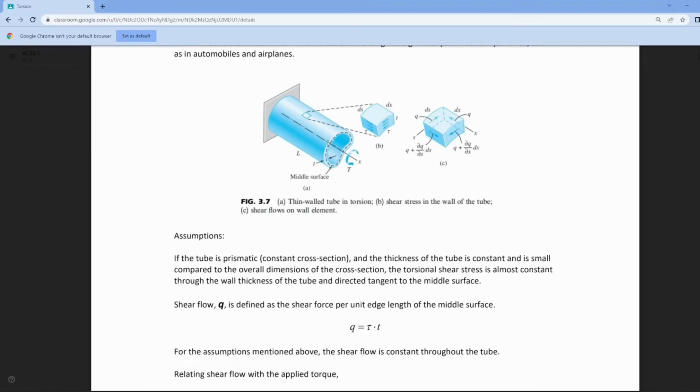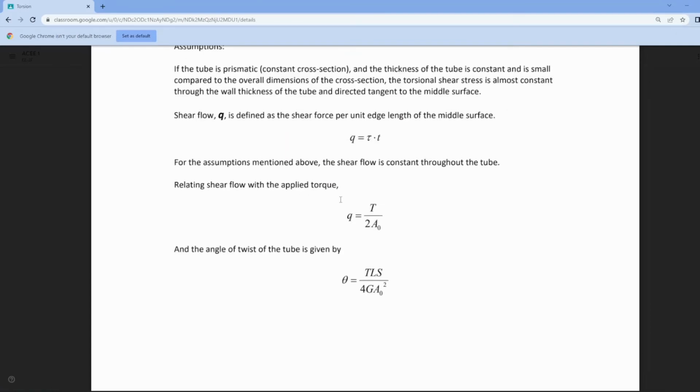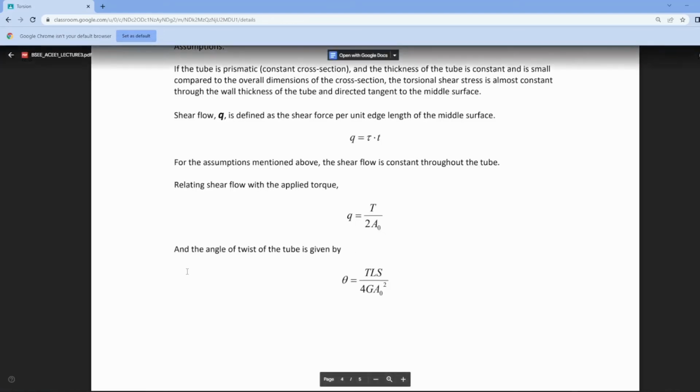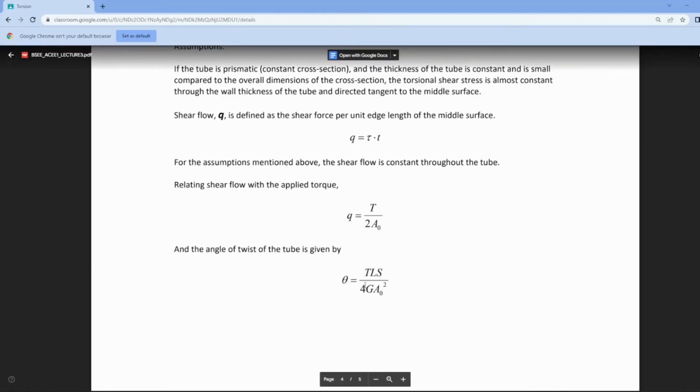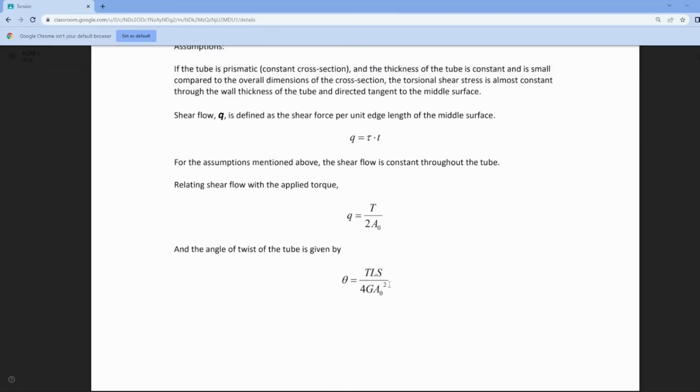You take the middle of your thin-walled tube, and the area enclosed by that perimeter is A naught. And then, the angle of twist is given by theta equal to TLS over 4G A naught squared. But guys, there should also be a T here, the thickness of the tube. I just forgot.